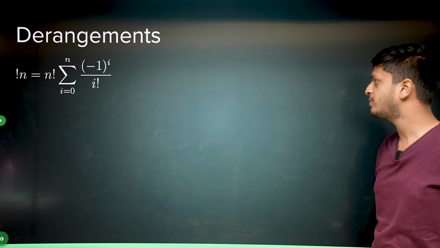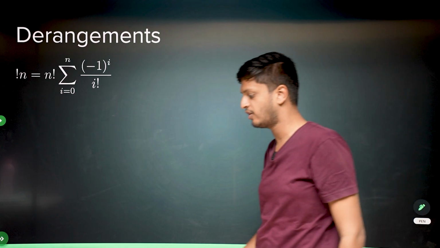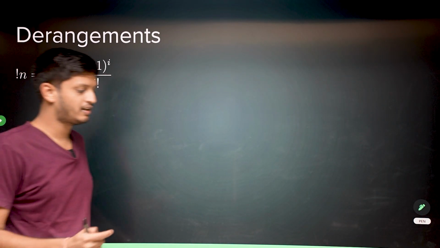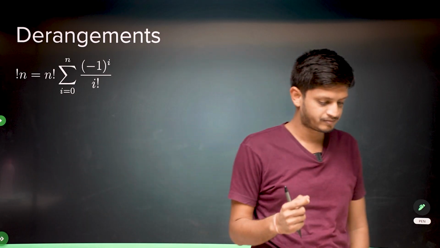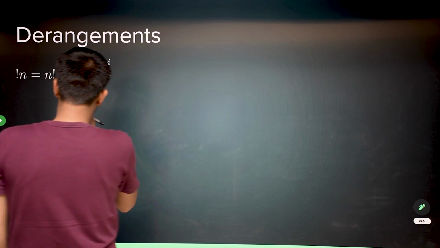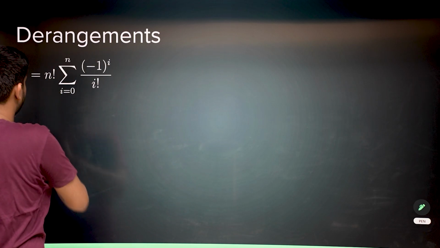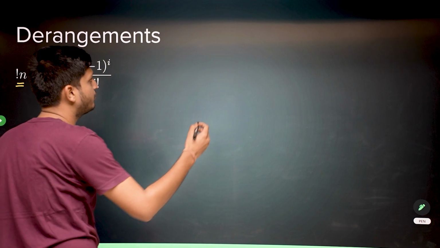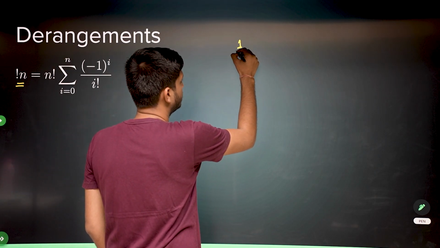So now this is the formula. We will try to derive this formula. We already have derived it for 3. We have already derived it for 3 objects. We know that the answer is 2. Now we want to derive it for general n objects in n places, right? So let's say now we have four objects.